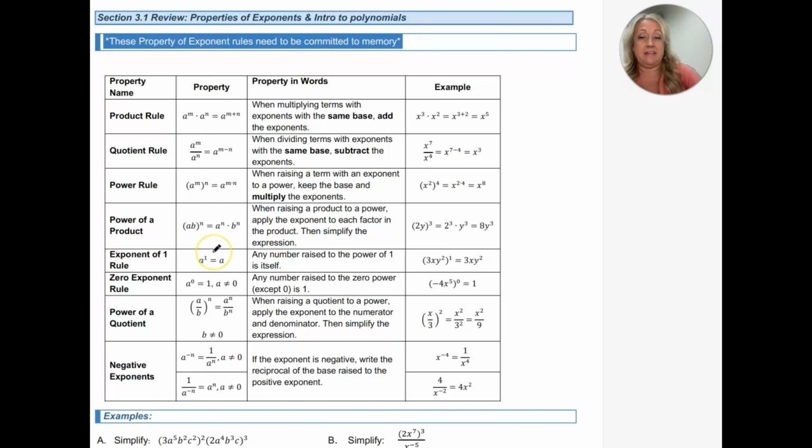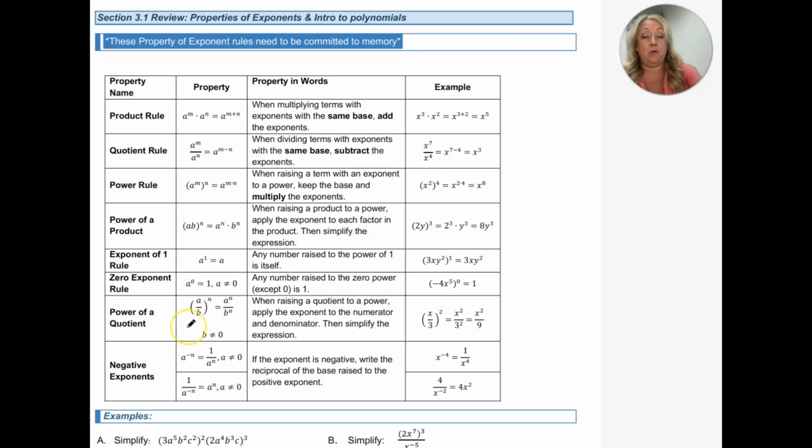Okay. Then the next one, the exponent of one rule, so that just means any base that is raised to the first power, it's just going to come back as itself. So with the zero exponent rule, anything raised to the zero power is 1. But we can't have a equal to 0, because 0 to the 0 power is actually indeterminate.